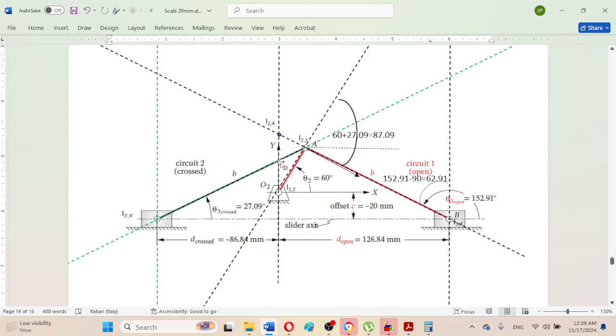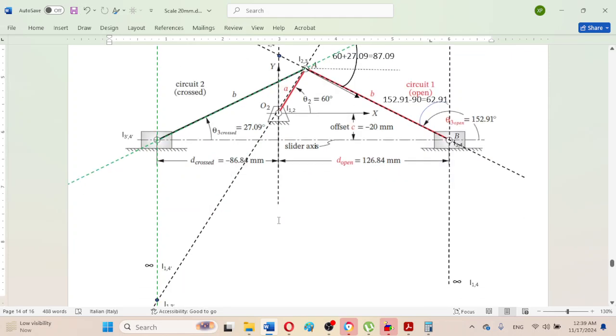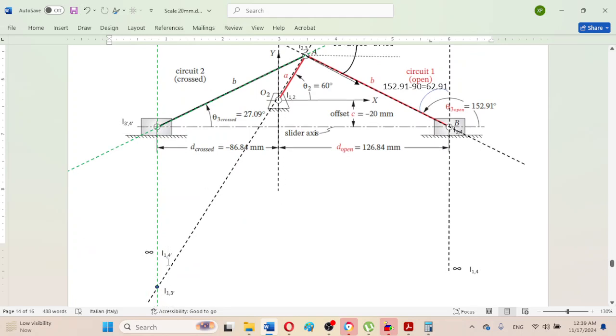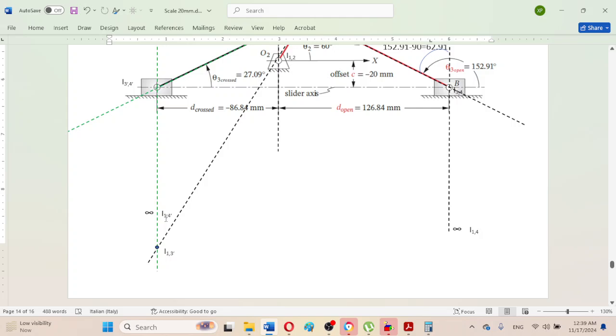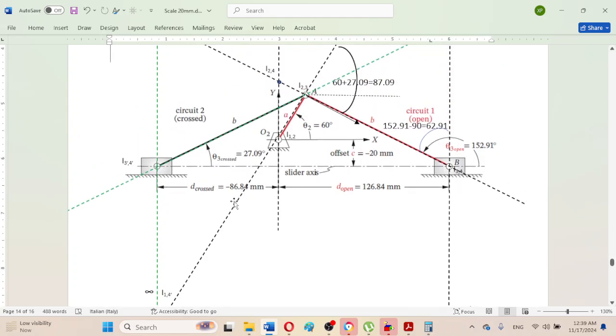So the instant center will be on the intersection of this vertical line, which connects the instant centers I1,2 and I1,4 dash at infinity.